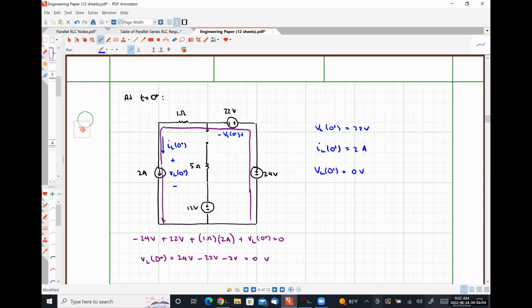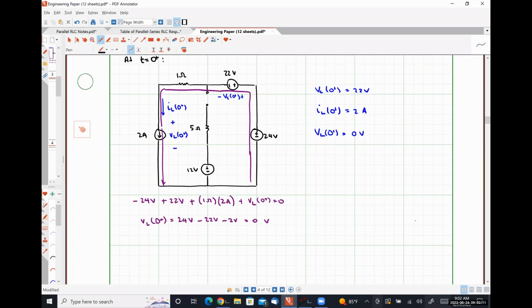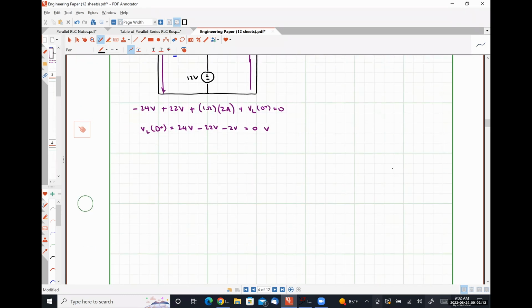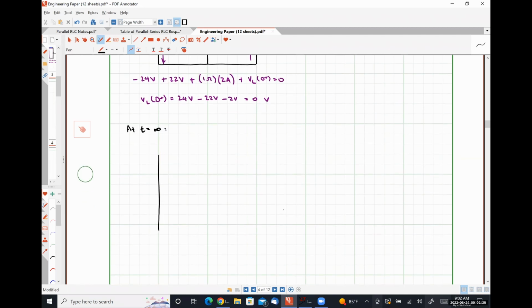All right, so now we're going to analyze our circuit at t is equal to infinity. At t is equal to infinity, our circuit is at DC steady state conditions and our switch is open. So I'm going to replace my inductor with a short circuit.